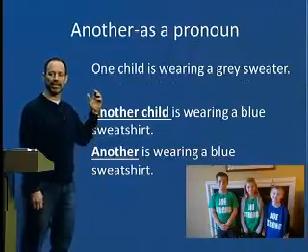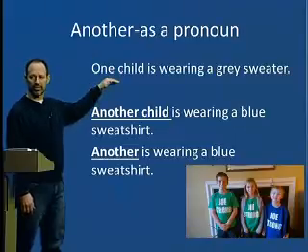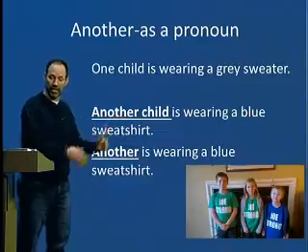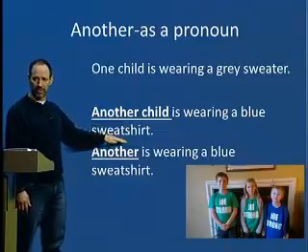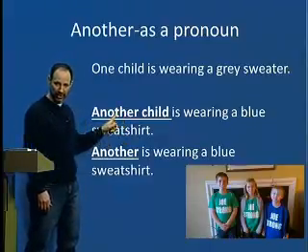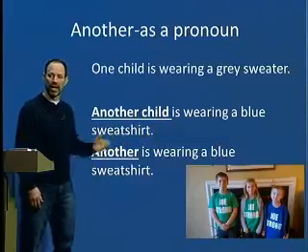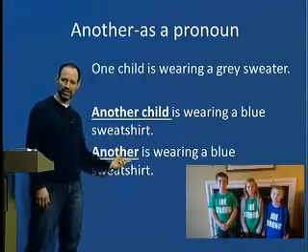Now let's look at another as a pronoun. So one child is wearing a gray sweater, and we want to talk about one more of those children. Another child is wearing a blue sweatshirt. Here, another is an adjective. It's describing this word, child. I can take this adjective plus noun expression, and replace it with just another.